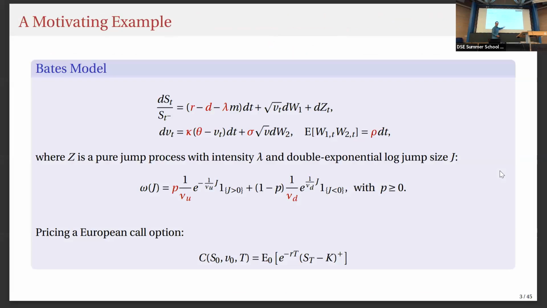This is what I'm talking about: these are the state variables that evolve over time, and your function ultimately is the expected value of some terminal value. This kind of form actually applies to many problems in economics.